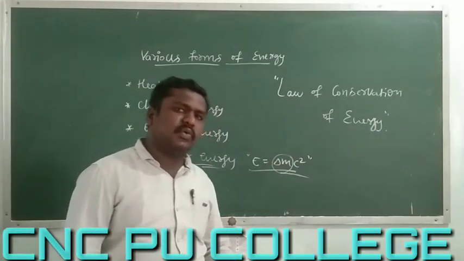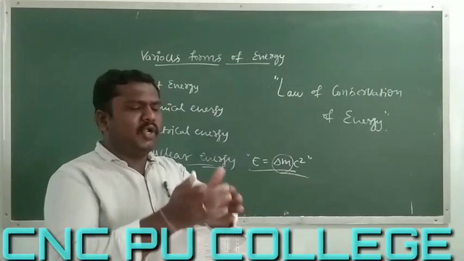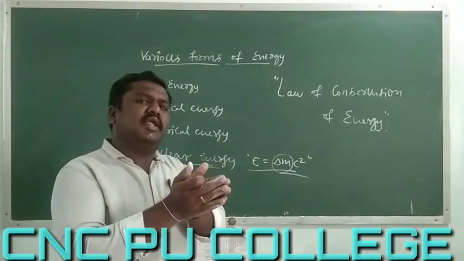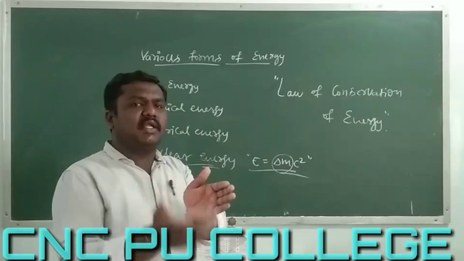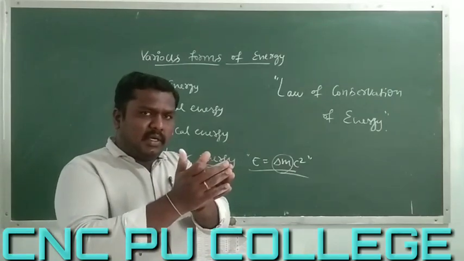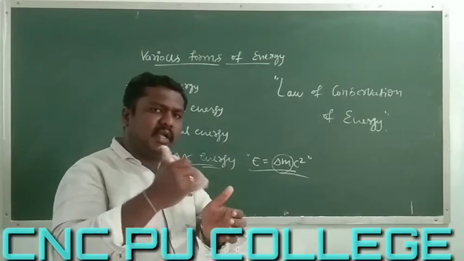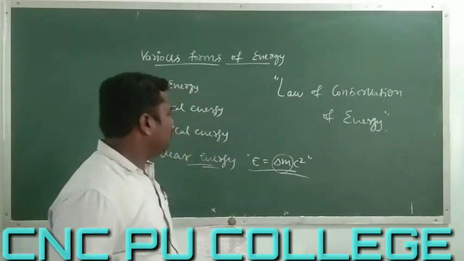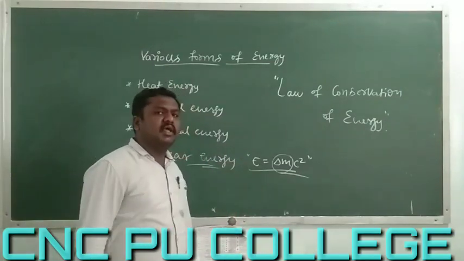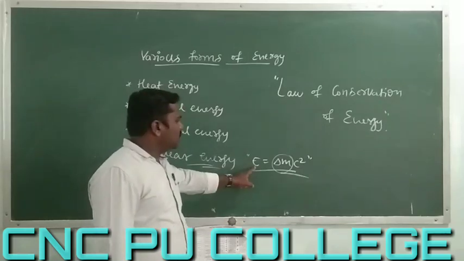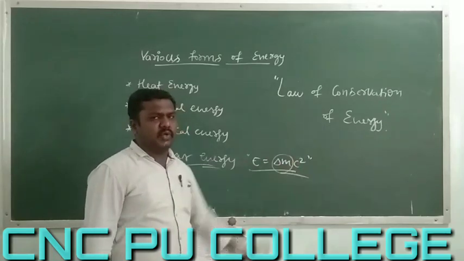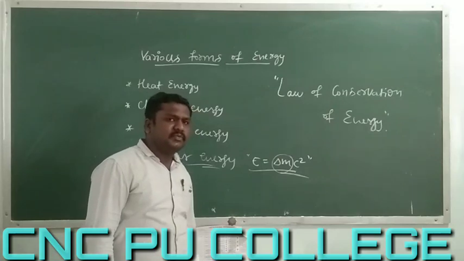The mass will get converted to energy. So if we have a radioactive sample, if it is highly radioactive, it will undergo disintegration. Disintegration means its mass will be reduced, and that mass will be obtained in the form of energy by Einstein's mass energy relation, E is equal to delta m into c square, where c is the velocity of light in vacuum.